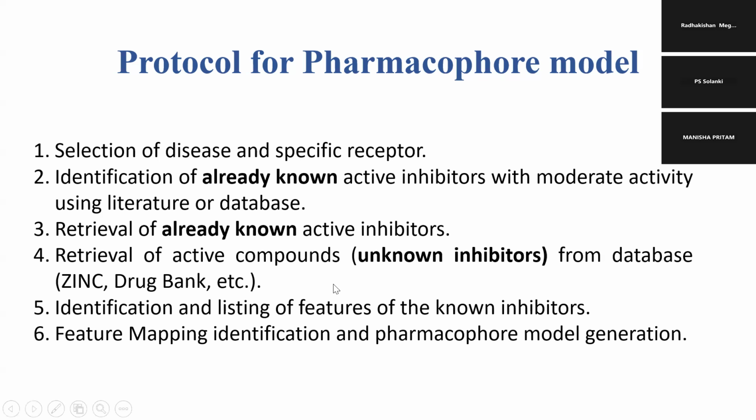And once you have your known active inhibitors, you have to prepare your own library, or you can use online libraries that are freely available, to identify some unknown inhibitors, which are not reported as inhibitors for that particular receptor.